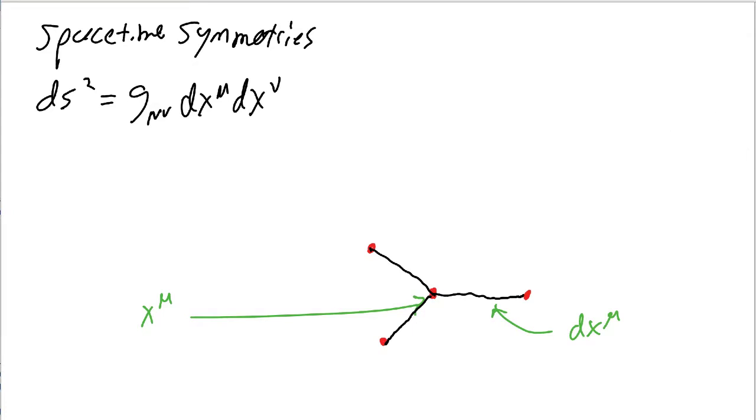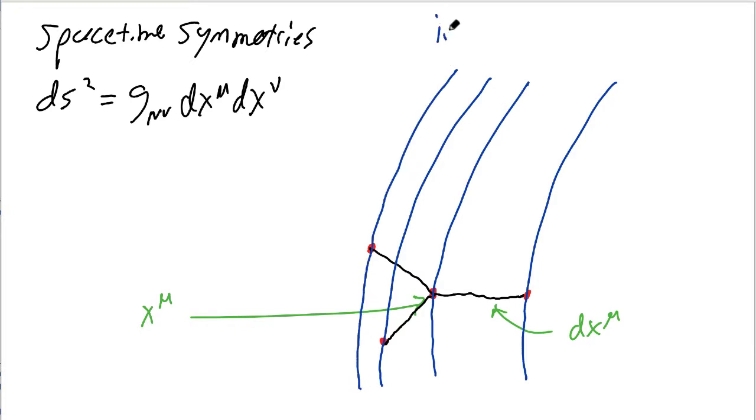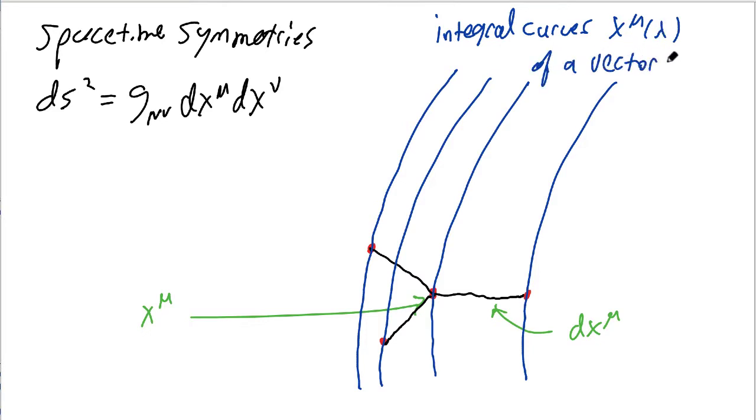And now I want to consider a vector field T with flow lines that I'm drawing here. So these are the integral curves of some vector field, x mu of lambda, of a vector field T. All right, and now let's let each of these points flow along the vector field.